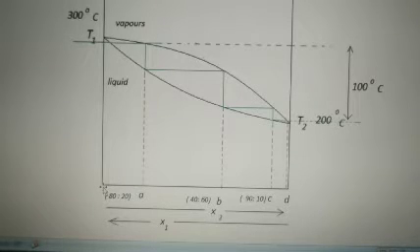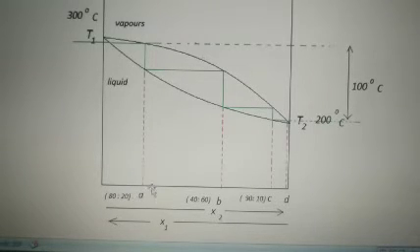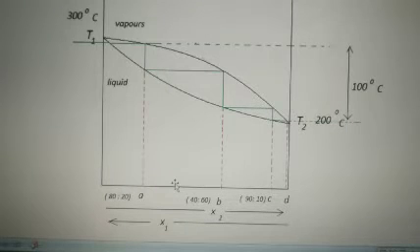At this point, it is 100%. At any single point, if we know the mole fraction of one component, we can find the corresponding fraction of the other component. Suppose x1 is 0.4, then clearly x2 will be 0.6. So one is indicative of the other.